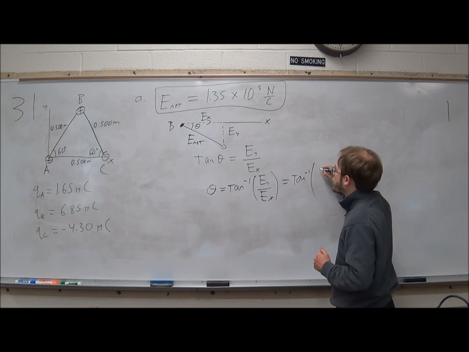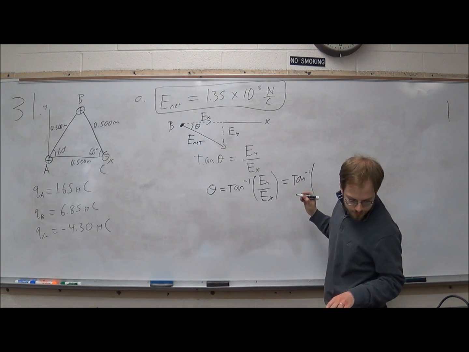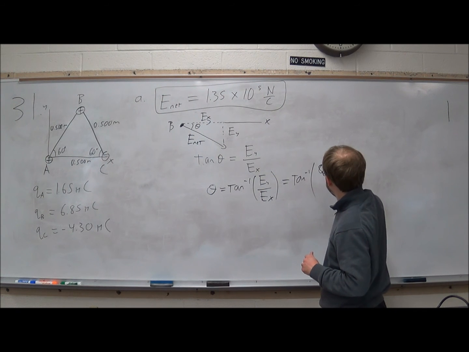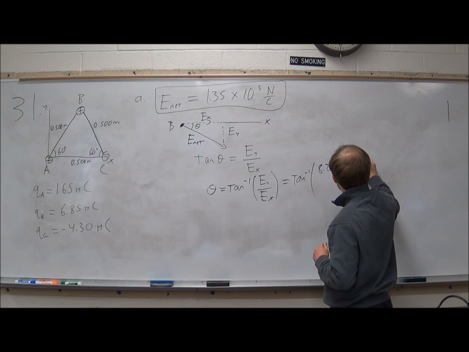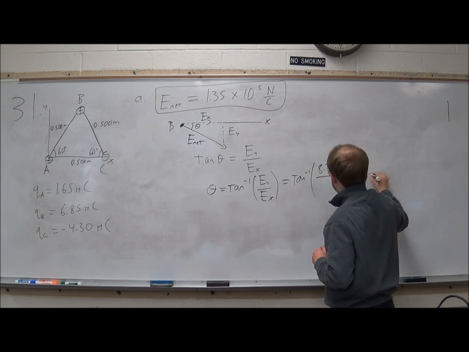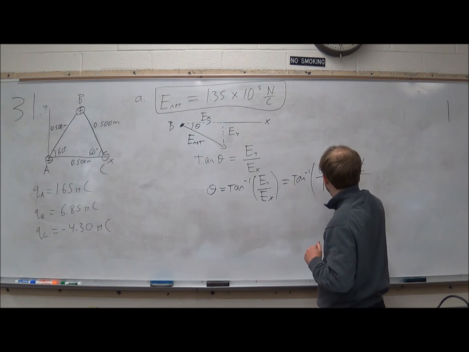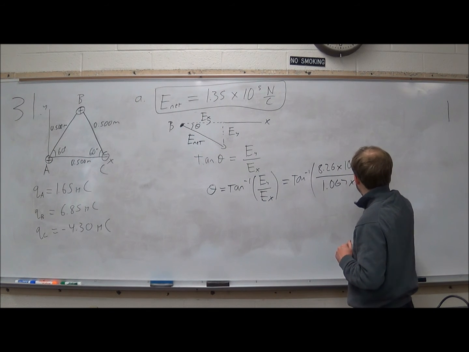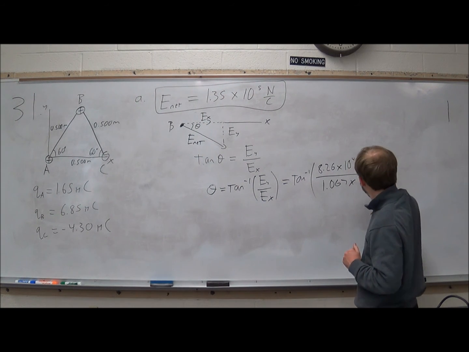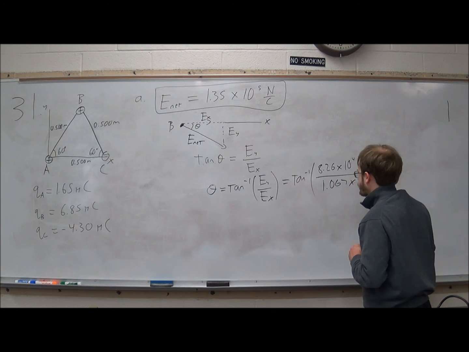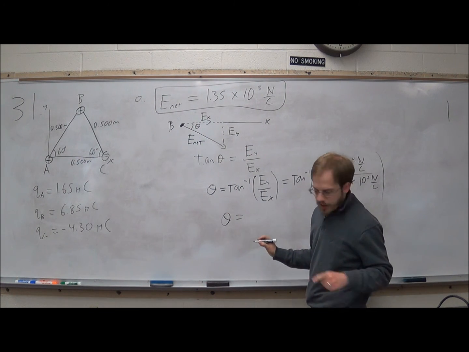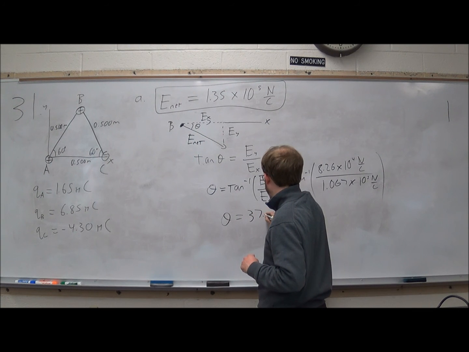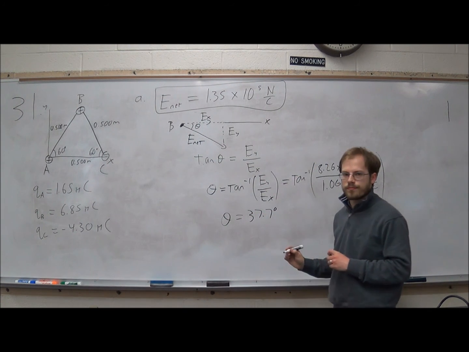Let's plug in our numbers here of 8.26 times 10 to the 4th newtons per coulomb divided by 1.067 times 10 to the 5 newtons per coulomb. So the theta we get here is a value of 37.7 degrees.